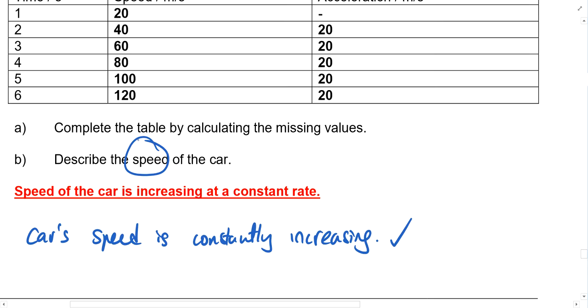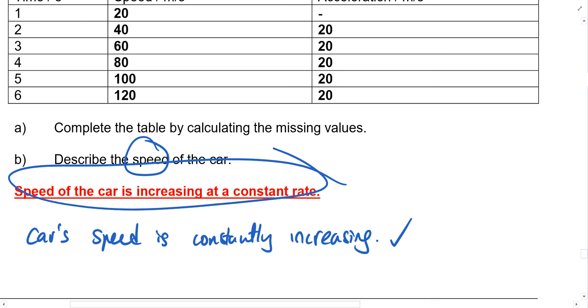I understand that you know acceleration is the rate of increase of speed, but we should answer the question. I know what you mean, but that may not get you the full marks. Let's talk about the speed. Any other variation? The speed increases at a constant rate. That's exactly the same as this. Any others? No? So these are the two that I will accept.